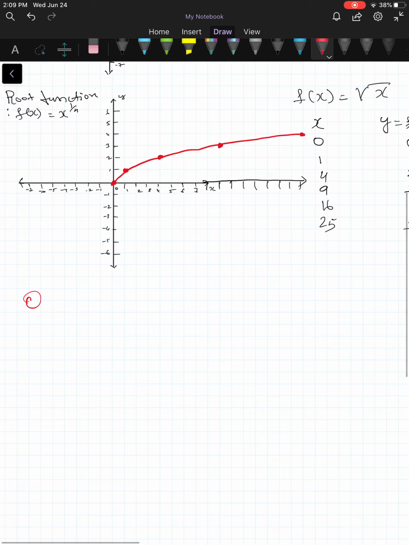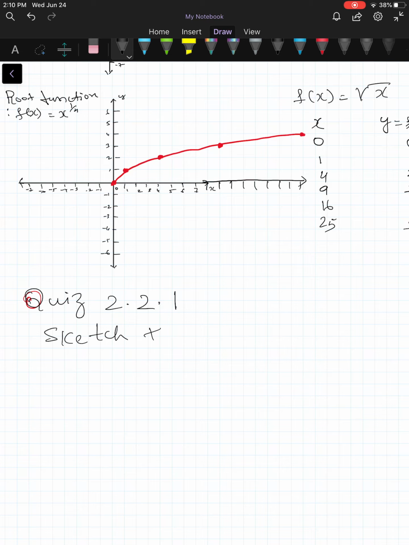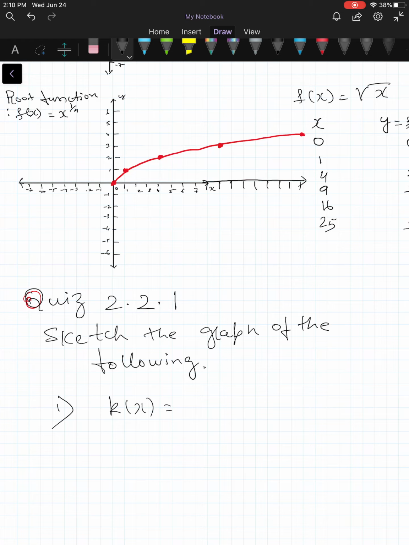Quiz 2.2.1: sketch the graph of the following. k of x is equal to negative cube root of x.